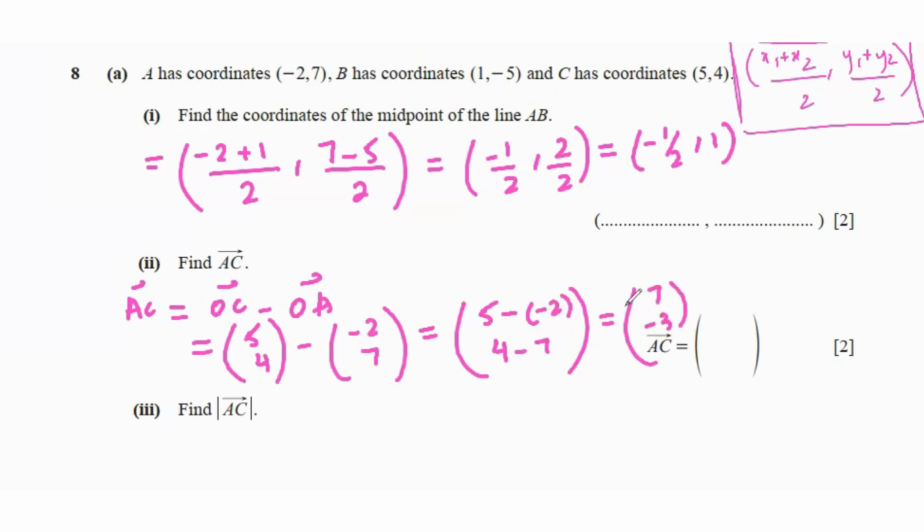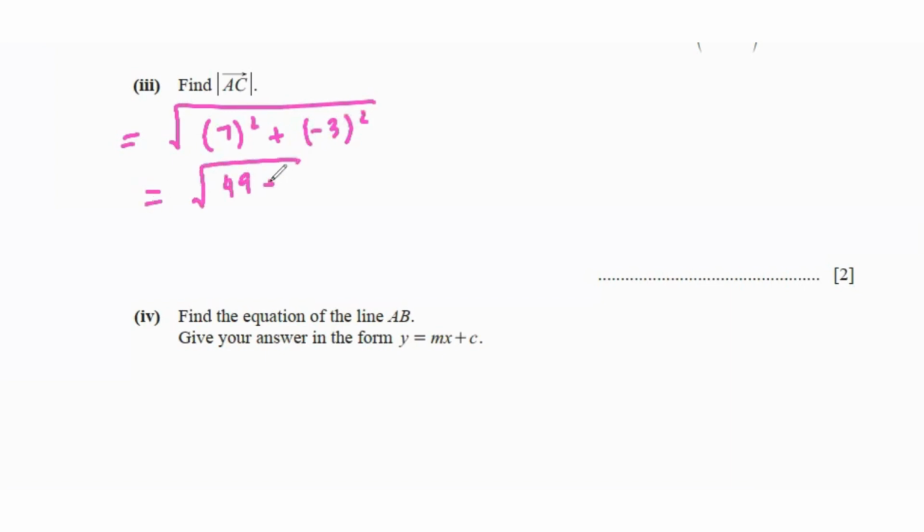So (7, -3) is your answer. It says find the magnitude of AC. So we will do 7 squared plus -3 squared, which is 49 plus 9, square root of 58, which is equal to 7.62.